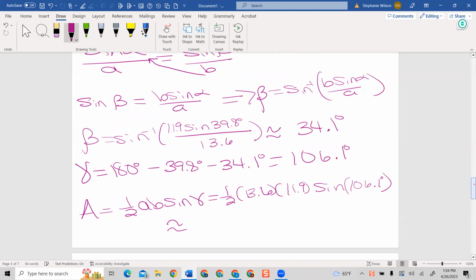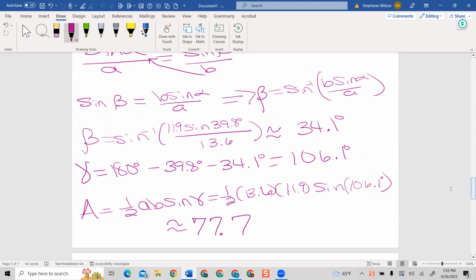Let's plug that in our calculator. Oops, gotta make sure and close our parentheses, guys, to keep from having error. And I get 77.7 is my area. So we answered all three parts: what was beta, what was gamma, and what is the area of the triangle.